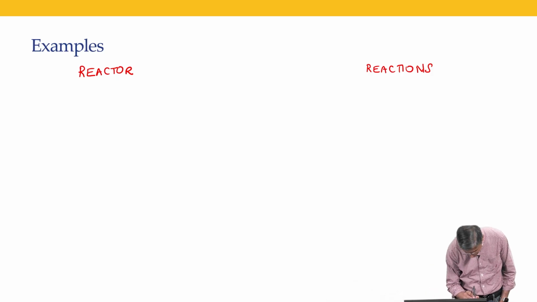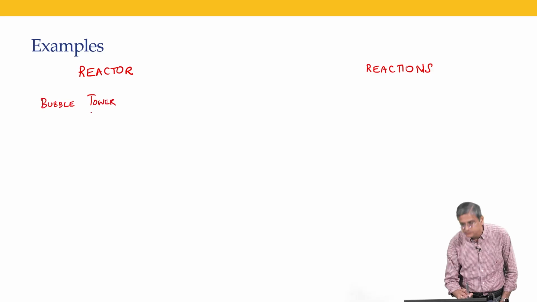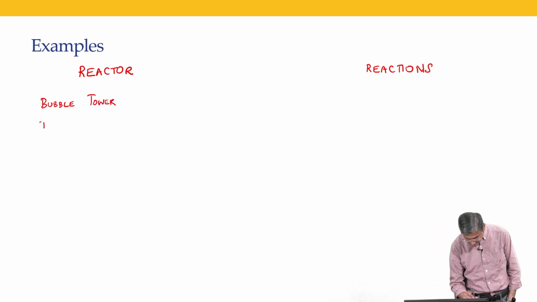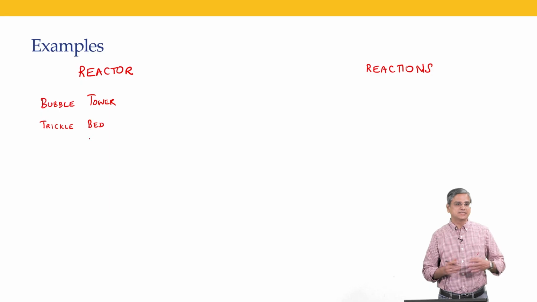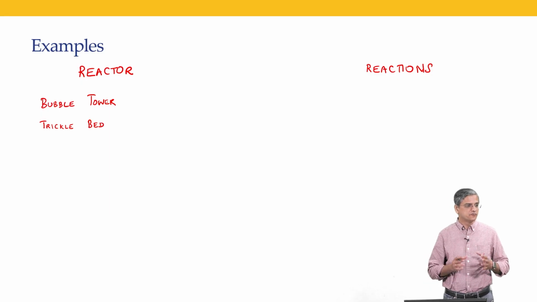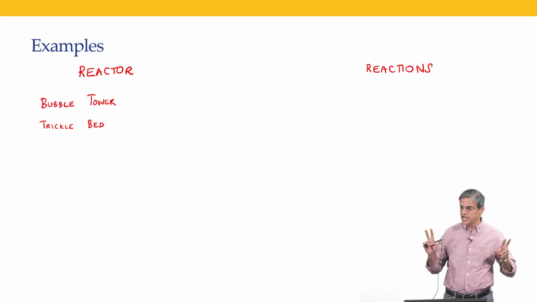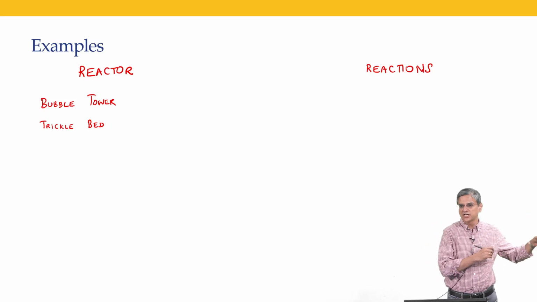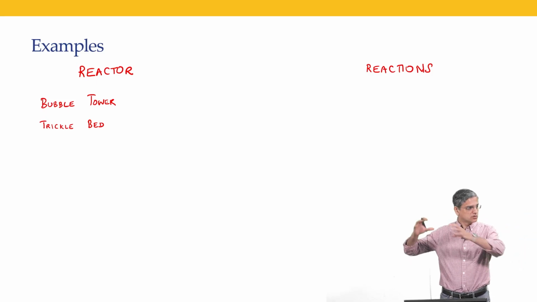Bubble tower. Trickle bed. And we will again, as we have done in this course, broaden the idea of reactions a little bit. Remember, at the start of the lecture I talked about Jacobson's book, the source term.